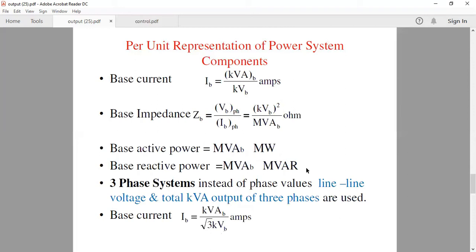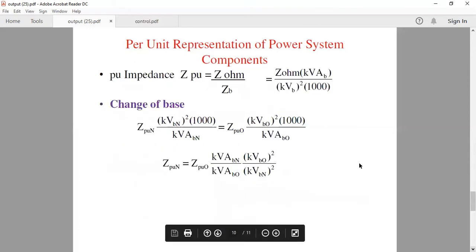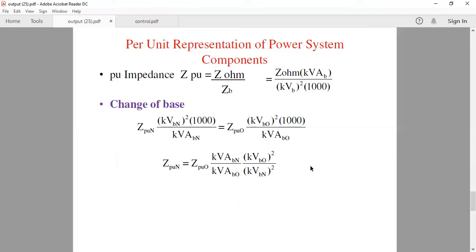Then the base active power in MW and base reactive power in MVAR. In a three-phase system, instead of phase values, line to line voltage and total kVA of the three phases are used. The base current IB is equal to kVA base divided by root 3 into kV base, in amperes. About the per unit impedance, Z per unit is equal to Z ohms divided by Z base, which we have already calculated in the previous slide.